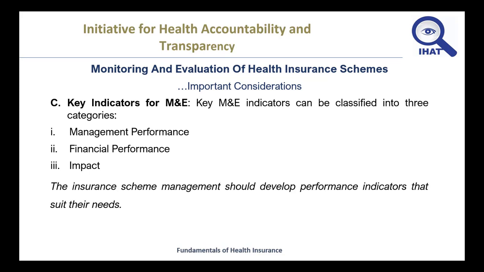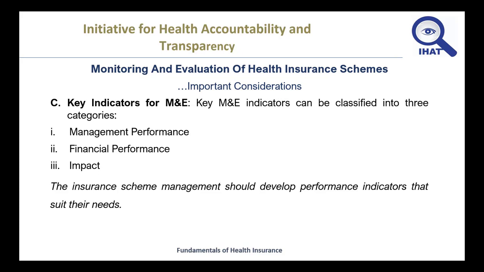Let's look at the key indicators for monitoring and evaluation. They can be classified into three categories: management performance, financial performance, and impact. The insurance scheme management should develop performance indicators that suit their needs. The management performance indicators provide information on the vitality of the scheme, while the financial indicators are used to evaluate the ability of the insurance scheme to rely on its income to cover expenses over a long term.